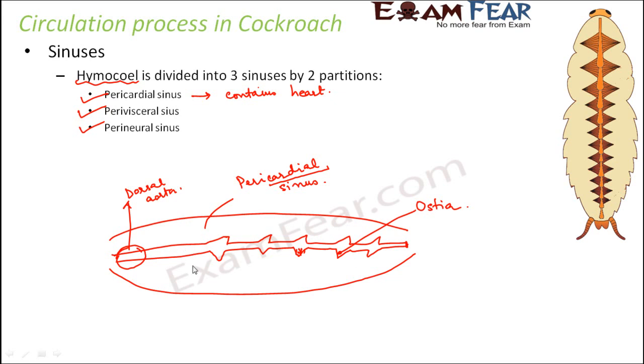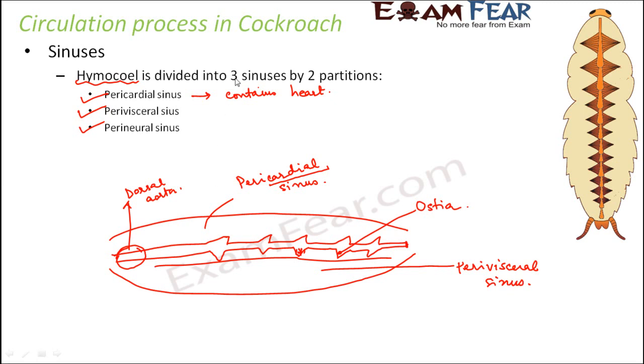Okay. Then the next is perivisceral sinus. So where is the perivisceral sinus? It is located below the heart, somewhere here. Here you have some partition, and then below that you have the perivisceral sinus.